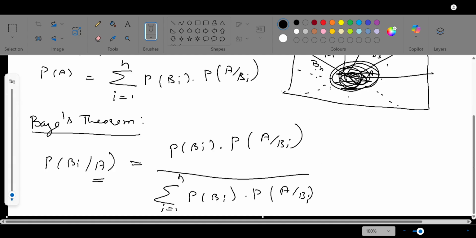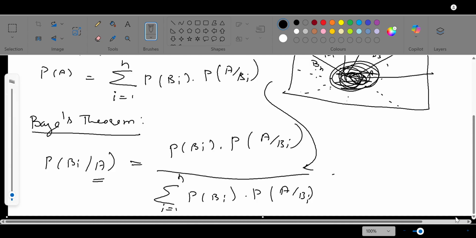Actually, the denominator term is nothing but the total probability term only. The numerator we have to write corresponding to Bi. Okay, this is Bayes theorem. So we can find the total probability as well as the conditional probability by means of these two theorems.